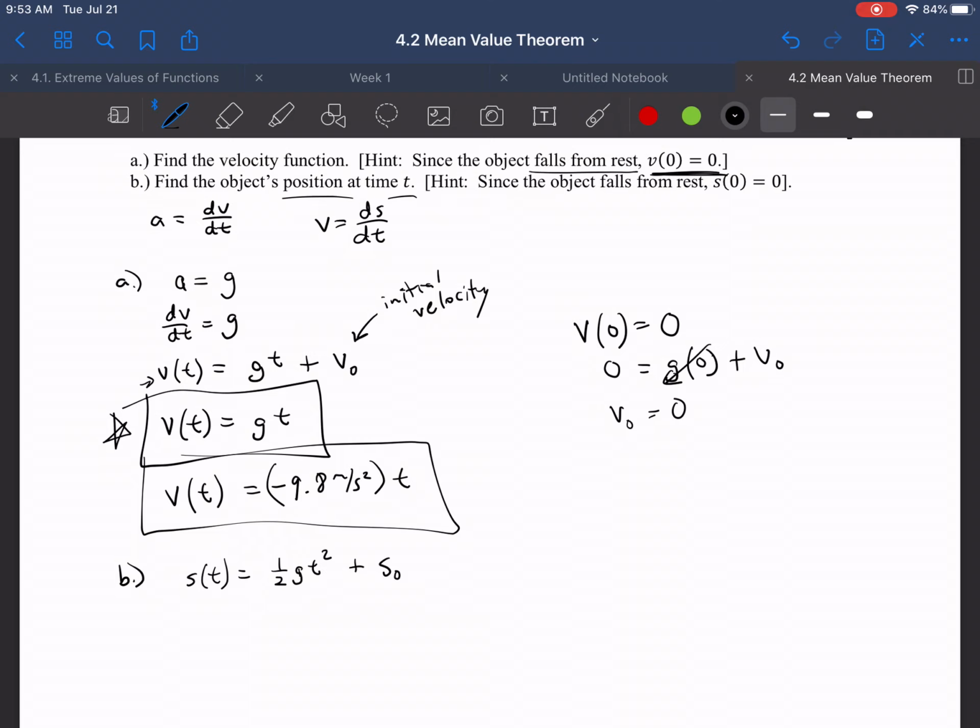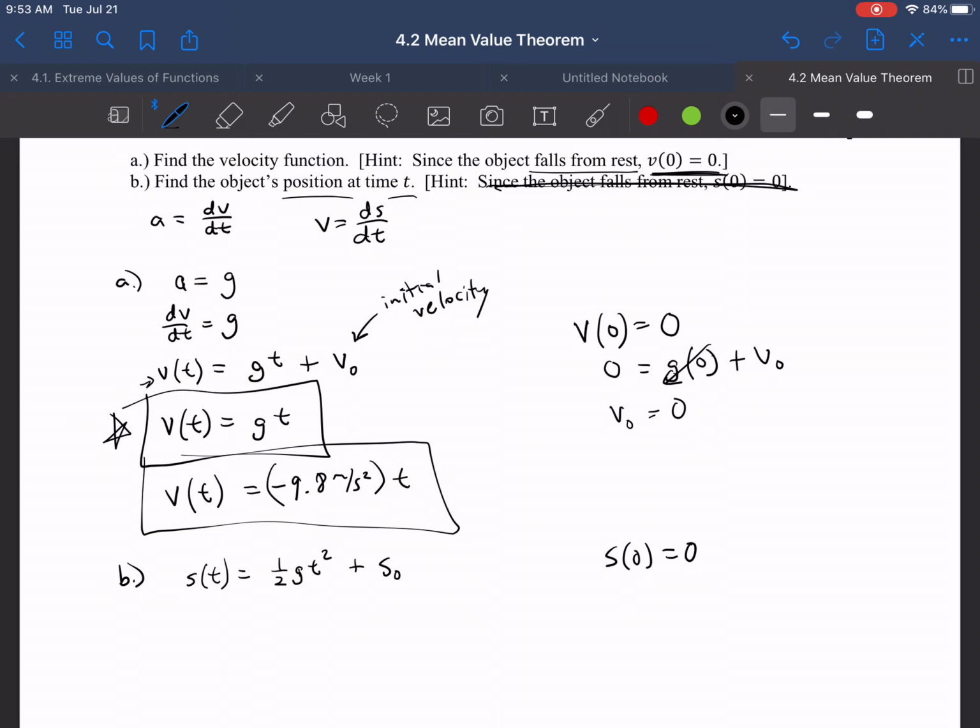Since it falls from rest, not really, but we're starting at 0, right? If you're going to measure something, you always line up the 0 of your ruler. You don't just slap it down randomly and start measuring the distance. You got to line it up. So in other words, what we're saying is s of 0 equals 0.